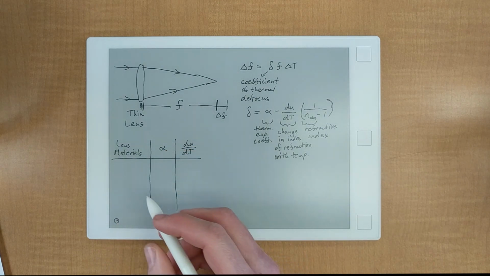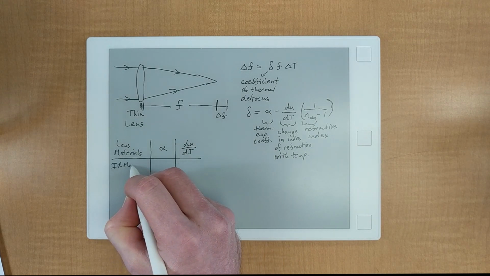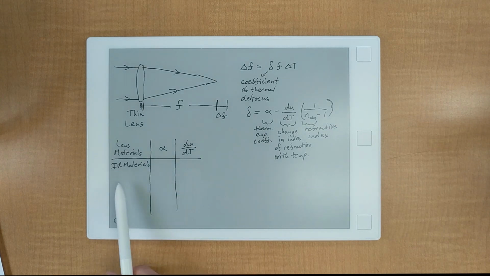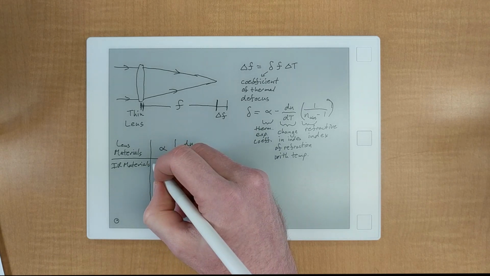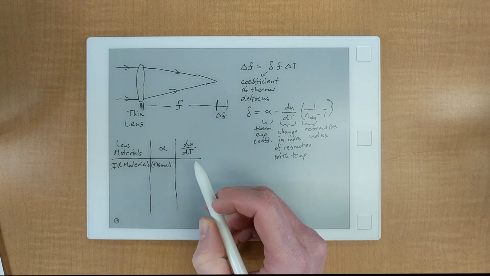So, for example, infrared optic materials like chalcogenide glasses, as well as germanium and silicon, the thermal expansion coefficient is positive and has a small magnitude.